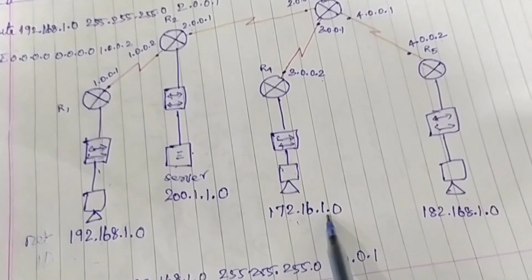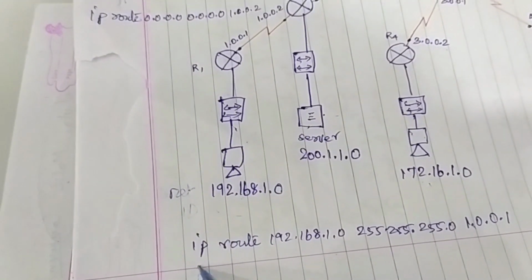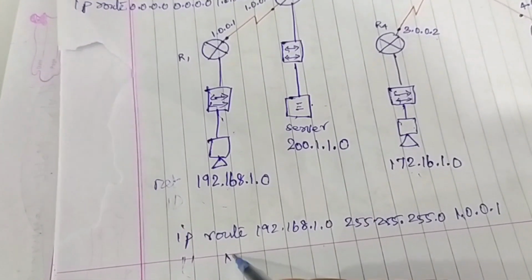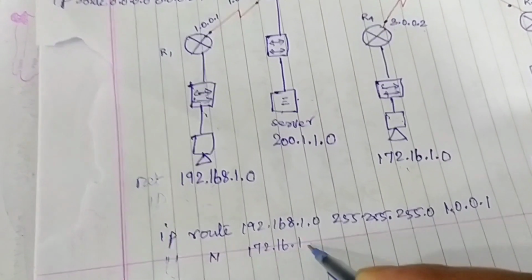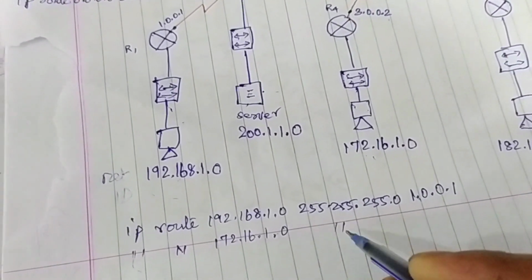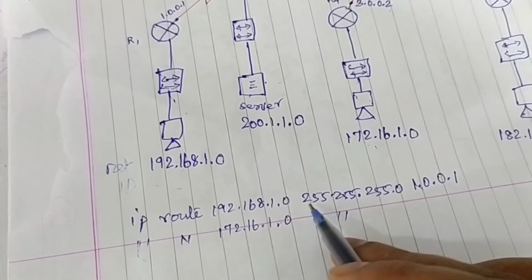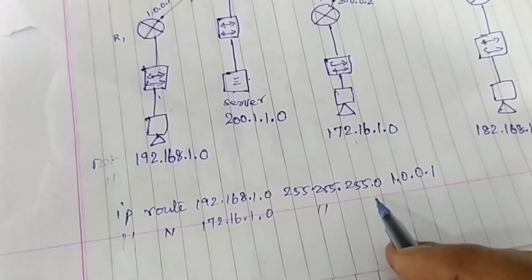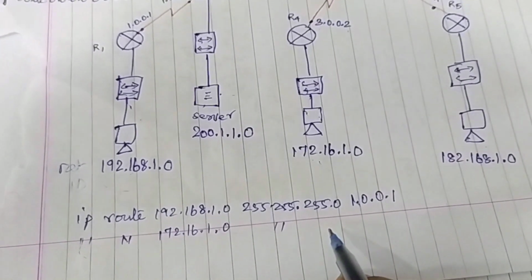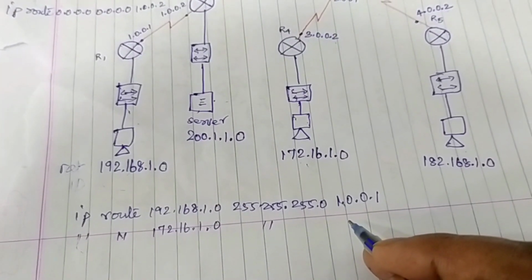Similarly, from R2 to reach this network, 172.16.1.0, how can I write the route? ip route 172.16.1.0 255. This you write as the same. Even for class A, class B, class C, please write 255.255.255.0 only. No issue. Then you will get the output clearly without any failed messages.